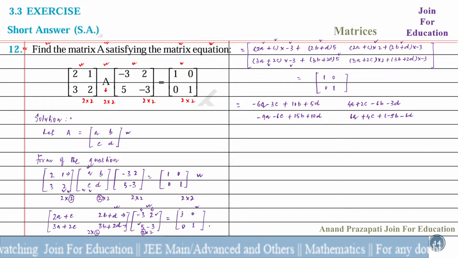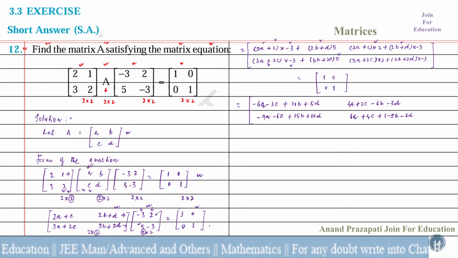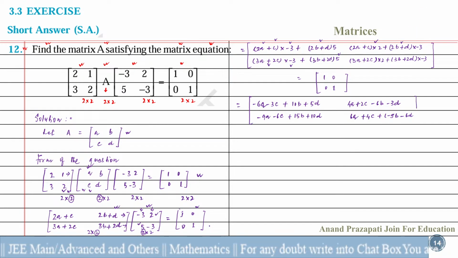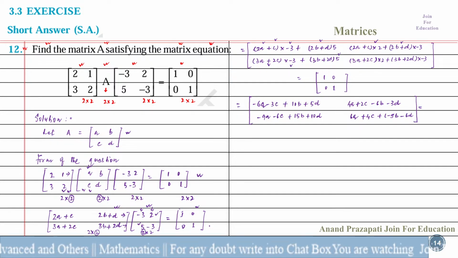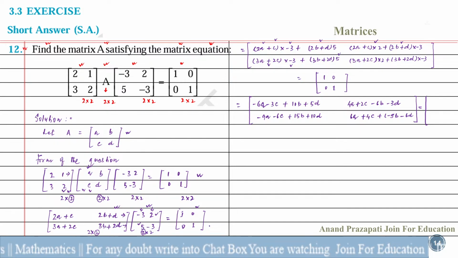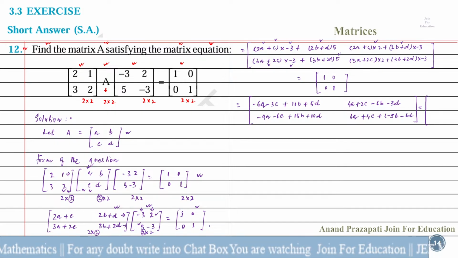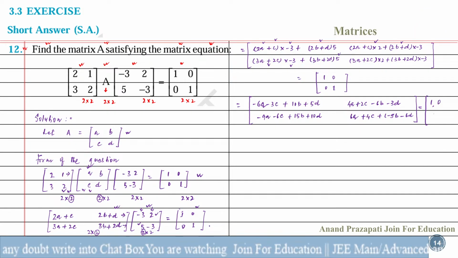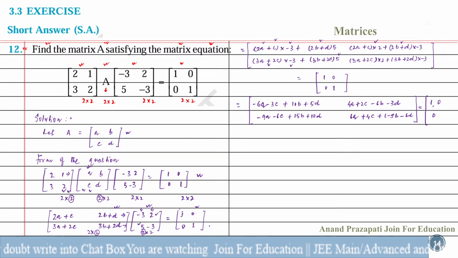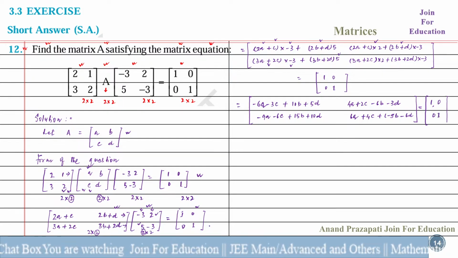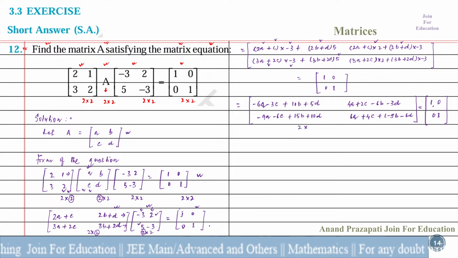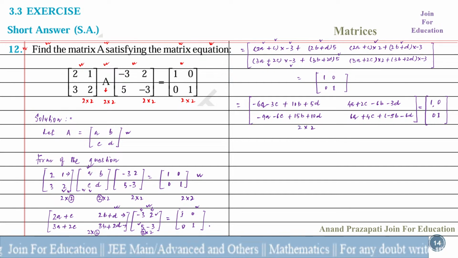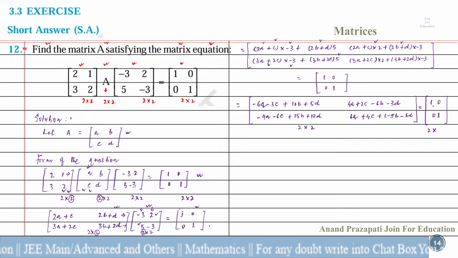After there is no problem to understand up to this step. Equal to, we write down 1, 0 and 0, 1. The order of this matrix is 2 by 2. The order of this matrix is also 2 by 2.